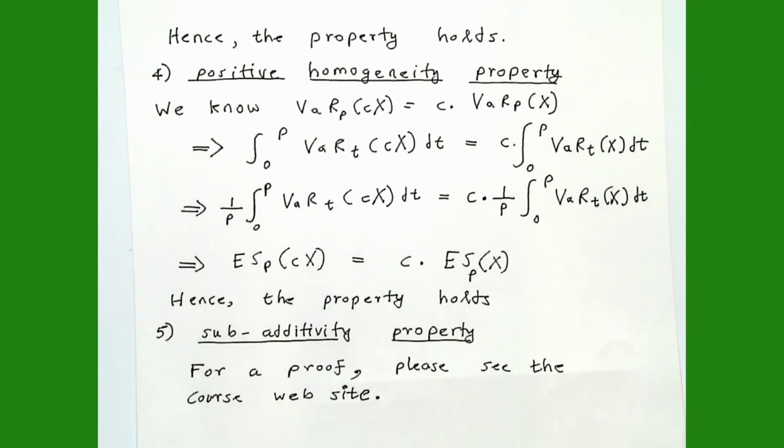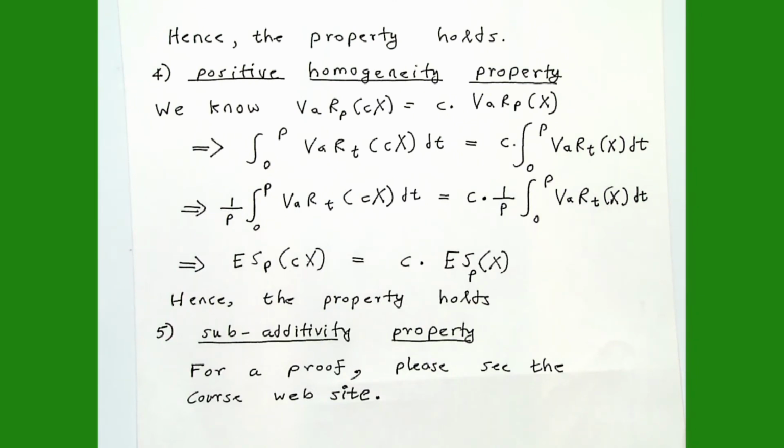So the sub-additive property is satisfied by ES, and there are different ways of proving it. I think if you look at the course website, you will see there are 4 or 5 different ways to prove it. Okay, but for this course, I don't expect you to prove any of these properties. I have given you these proofs just for your own interest. I will not ask you to prove these things in the exams or anything, right?